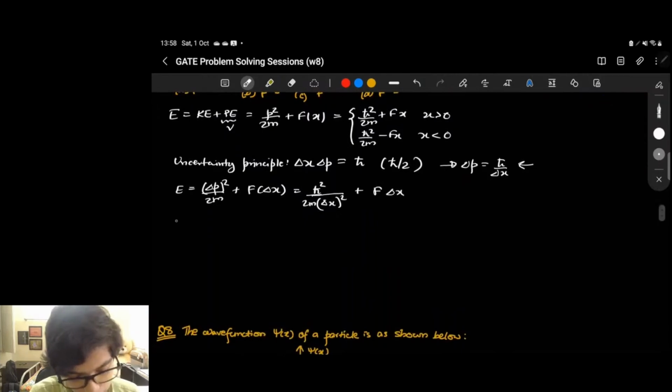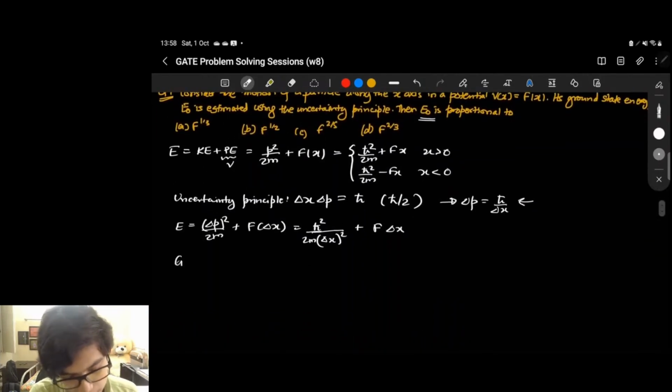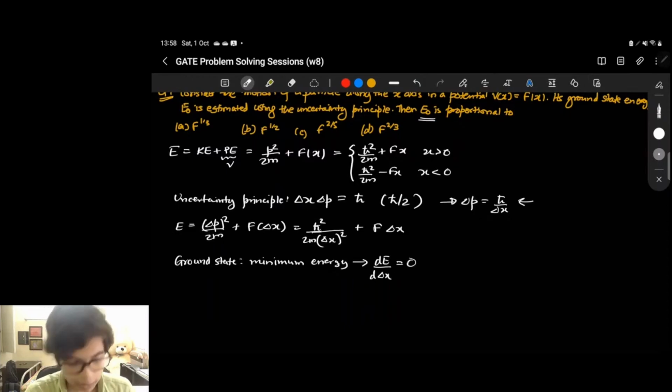Now for minimum energy, that is for ground state. So ground state means minimum energy. And minimum energy is found by differentiating this expression for energy with respect to delta x and setting it equal to 0.